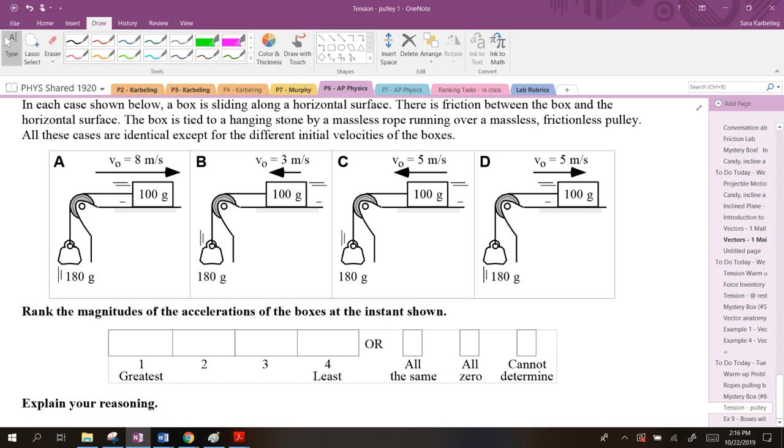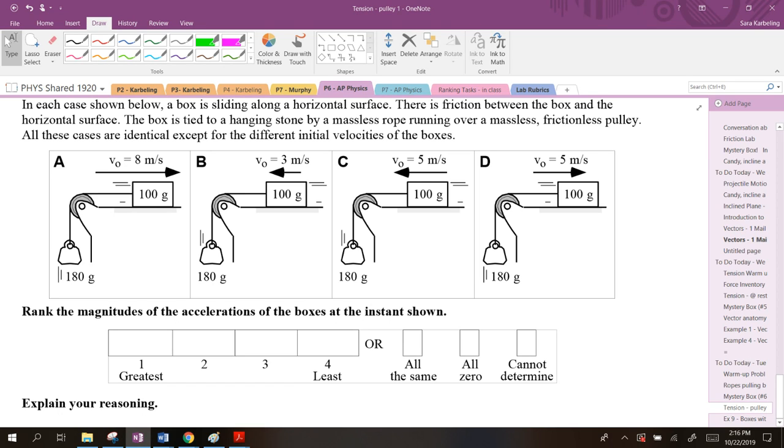All of the cases are identical except for the initial velocities of the boxes. So all of the setup is the same. All the blocks are the same. All the rocks are the same. You'll notice that some of the velocities are going to the right and some of them are going to the left.